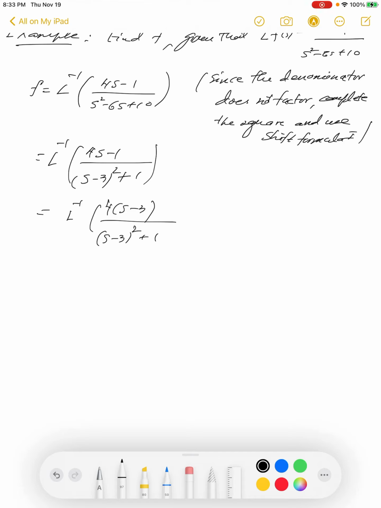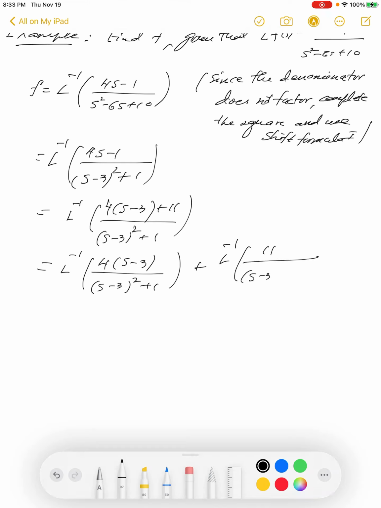You want minus 1, so you have to add 11. Then you just split this in two terms: 4 times s minus 3 over s minus 3 square plus 1, plus L inverse of 11 over s minus 3 square plus 1.